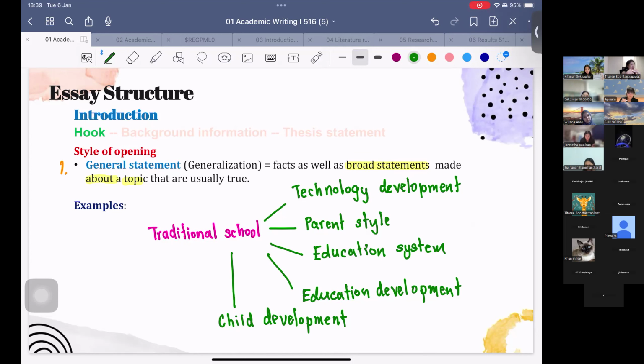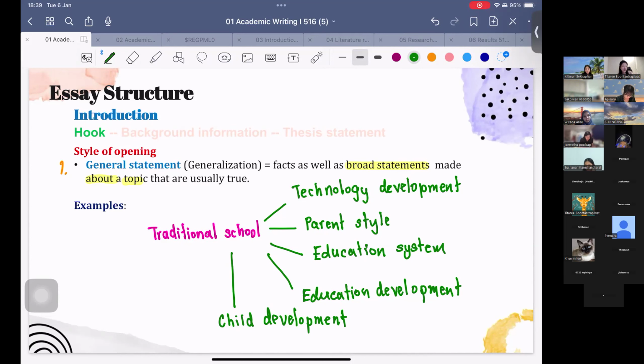You might start with something related, like in this case, the educational system in the country, in the world. And then you can narrow it down to your goal, which is talking about traditional school.